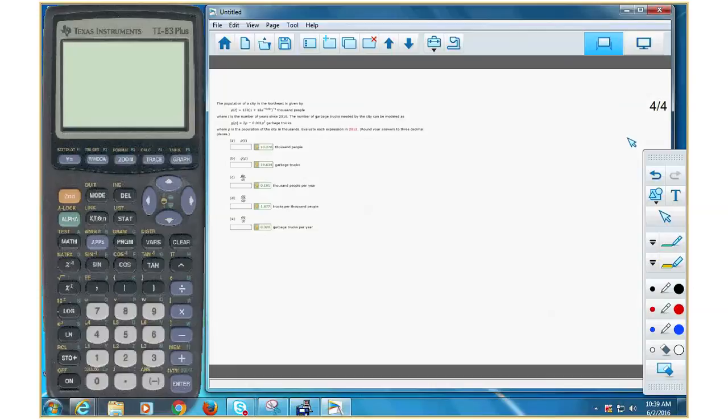But for B, for G of P, you'd be plugging in your answer for A. Oh yeah, I'm sorry, you're right. On G of P, you're going to plug in this answer. My mistake. All right.